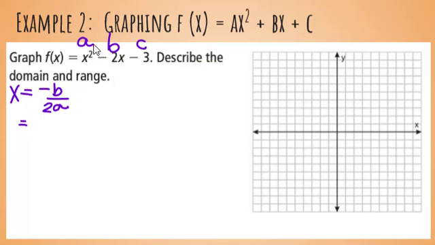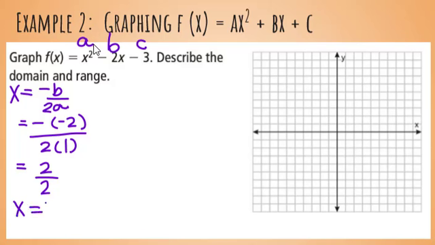So when I plug in my values, I have negative negative 2 over 2 times a, and a is the number in front of x squared, so a is going to be 1. So negative becomes positive, so I have positive 2 over 2 times 1 is 2. So this gives us x equals 1. So this is my axis of symmetry. So I've drawn in a dashed yellow line at the axis of symmetry.